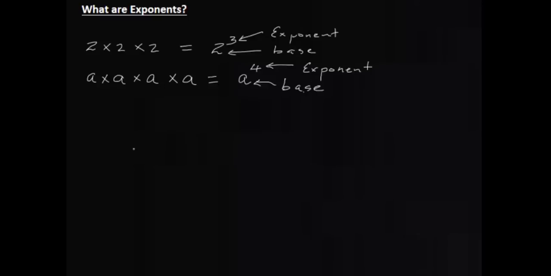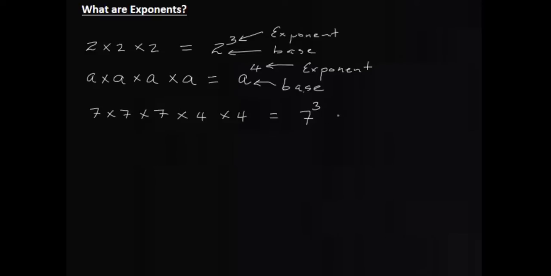Let's look at one more example. Say you're given an expression 7 multiplied by 7 multiplied by another 7 multiplied by 4 and multiplied by another 4. In this case, we have 3 7s, so the base is 7 and the exponent is 3.